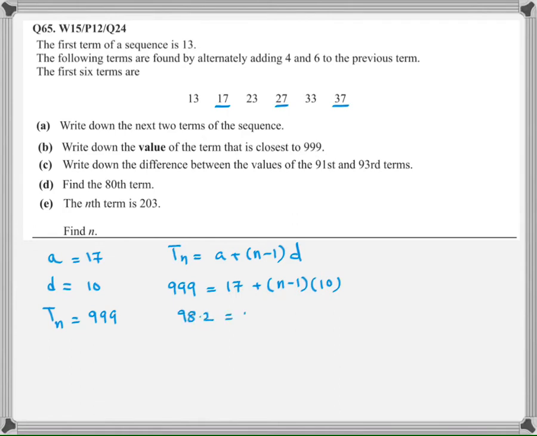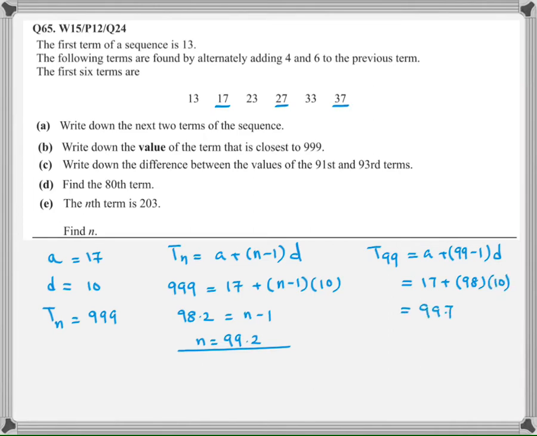When I work this out, n comes out to be 99.2. Again, n is 99. So T99 is a plus 99 minus 1 into d. So that is 17 plus 98 into 10. That comes out to be 997. Bingo. I arrived at that answer directly. So the number that is closest to 999 is 997.